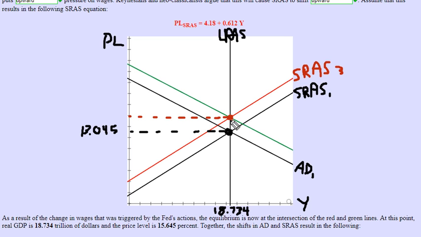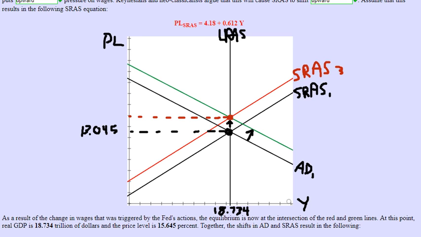So what has happened here is the Fed's monetary policy causes only inflation. It has no effect in the long run on GDP, because GDP might have been boosted in the short run, but it comes right back to here over the long run. So it has no effect on GDP, but it does have an effect on the price level.